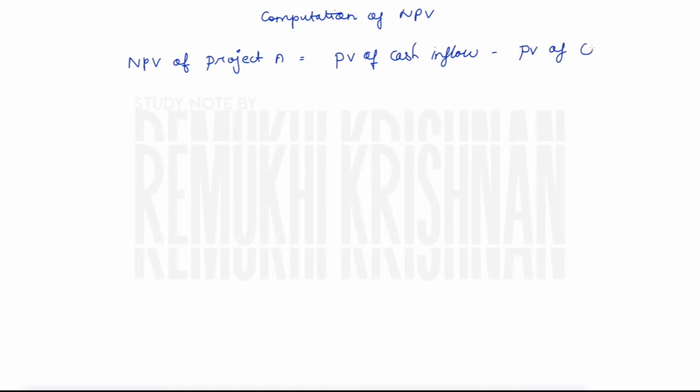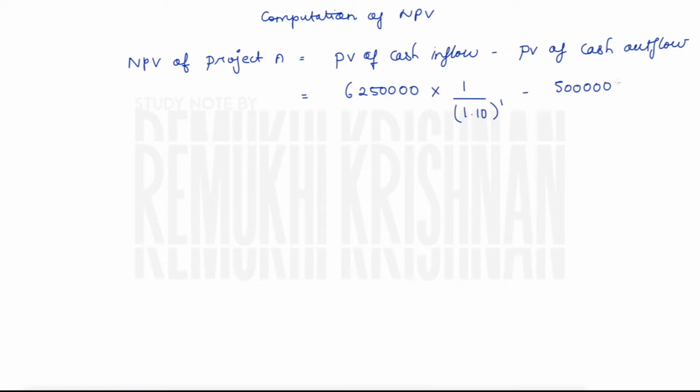First, I'm going to compute the net present value of both the projects. First of all, the net present value of project A. So already we know the formula. What is the formula? It is nothing but present value of cash inflow minus present value of cash outflow. So just substitute the values. My cash inflow is 62 lakh 50,000 into my discounting factor, which is 1.10 whole power 1.